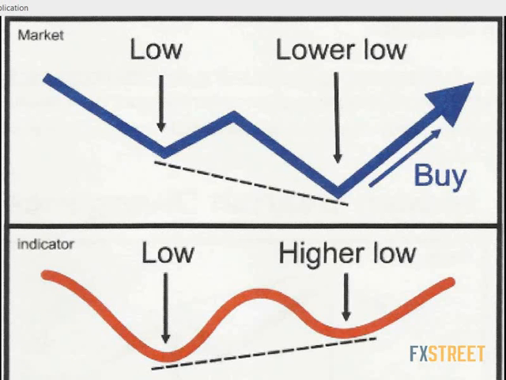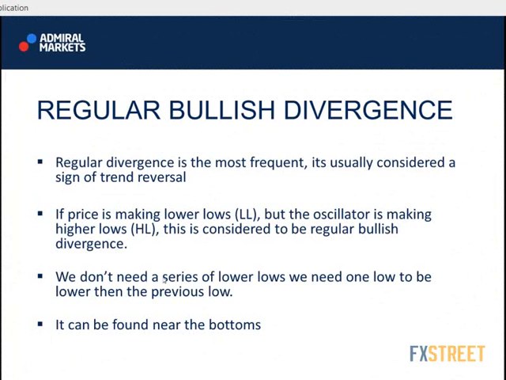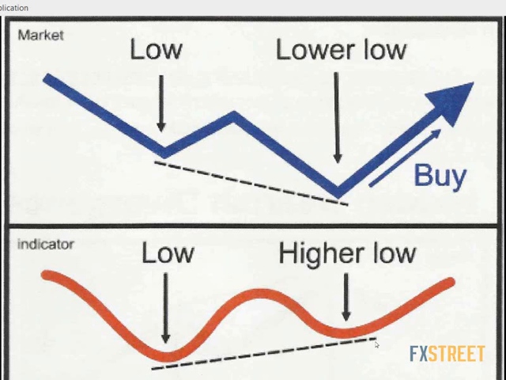So for intraday trades, it's definitely good to go with 1 hour, okay? But I personally do not use it on 5 minutes or 15 minutes. So usually one low is lower than the previous low, one low and one high within the price and the indicator.